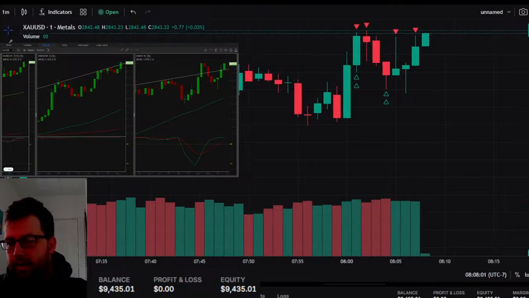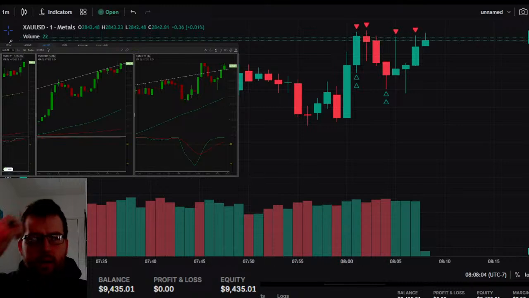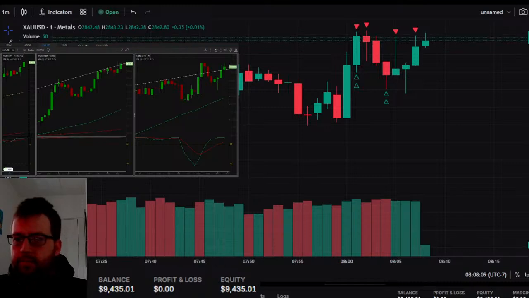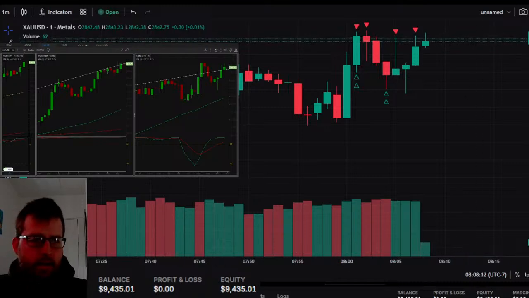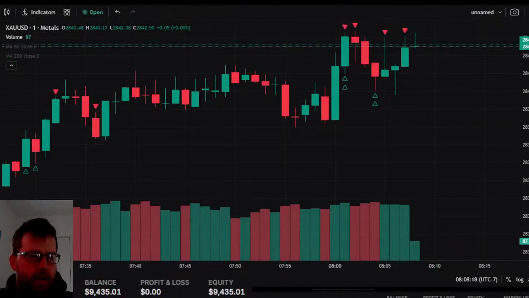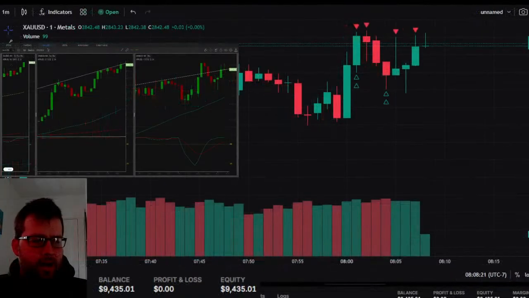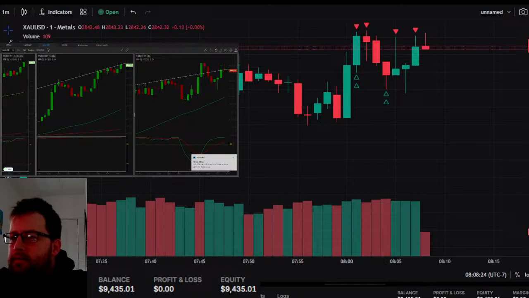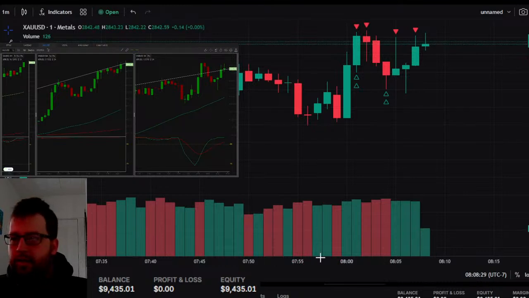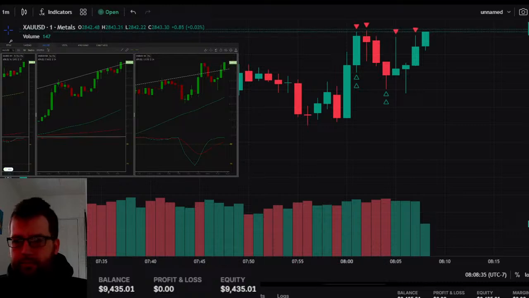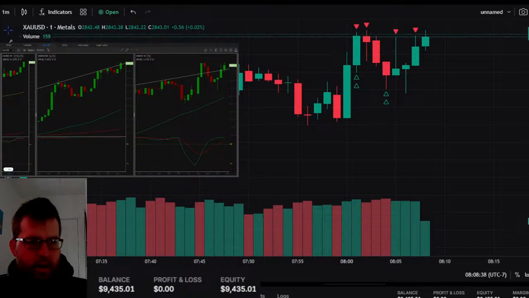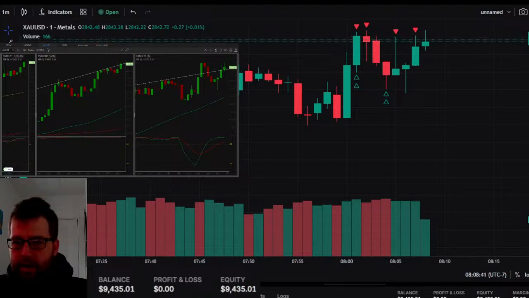Ooh, okay. Feeling good about today though, so far. I kind of want to set this up so you can see my total PL, but you can only see my total PL when I have my closed positions tab open, where you can see my balance, profit and loss, and equity.